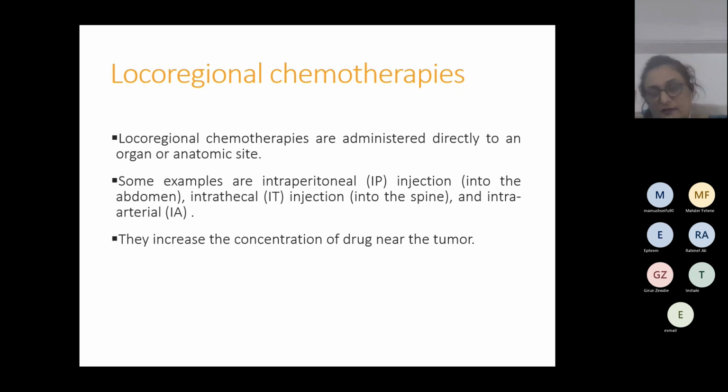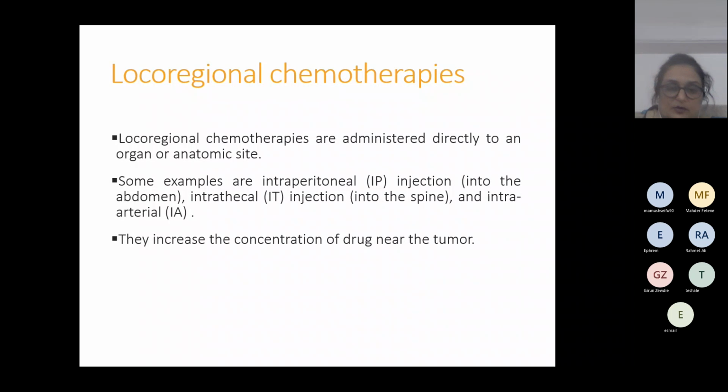So where exactly the cancer is present, it will be given at that point or at that place itself. Some examples are intraperitoneal, into the abdomen, intrathecal, into the spine, and intraarterial, into the artery. So it can be given in any of these three forms.